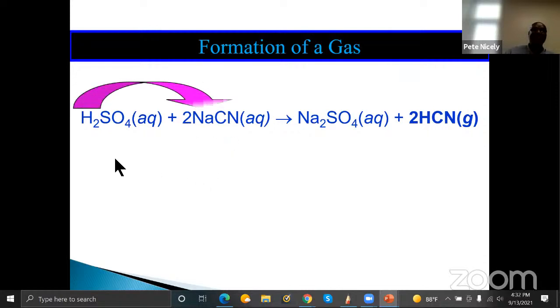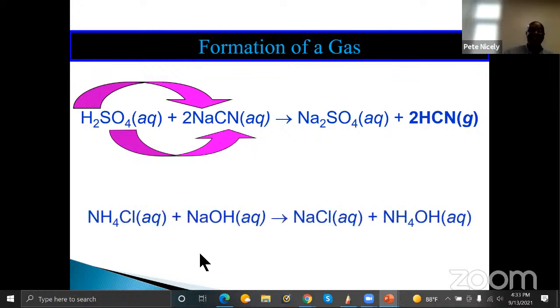Again, it's double displacement where the hydrogen is displacing the sodium and the sulfate is displacing the cyanide. So the results would be sodium sulfate, which is pretty harmless, but the hydrogen cyanide gas is very toxic, all right? So that's one example of a double displacement reaction which involves the formation of a gas.